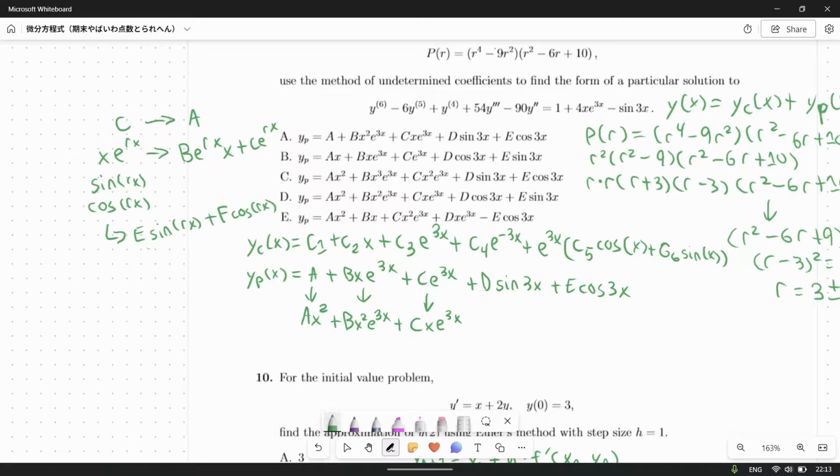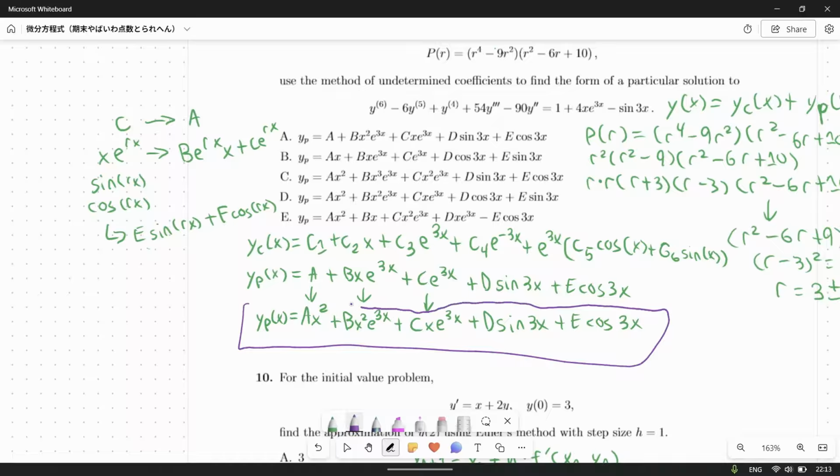And so as a result, now we can finish up our final particular solution, and we can say that y sub p of x is going to be equal to ax squared plus bx squared e to the 3x plus cx e to the 3x plus d sine of 3x plus e cosine of 3x. And so now that we have this, we can compare this with our answer choices.